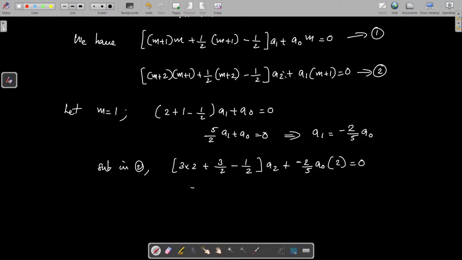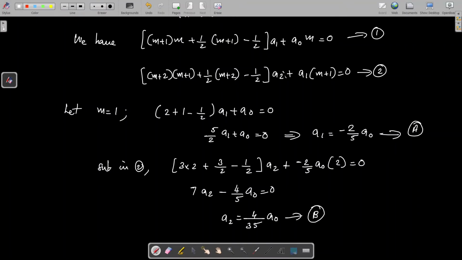So the equation becomes, solving this one, 3 minus 1 is 2, 2 by 2 is 1, so 6 plus 1 is 7. So we have 7 a2 minus 4 by 5 a naught equal to 0. Or we can write a2 equal to, solving, you will get 4 by 35 a naught. So here we have a1, and now we get a2. Okay.